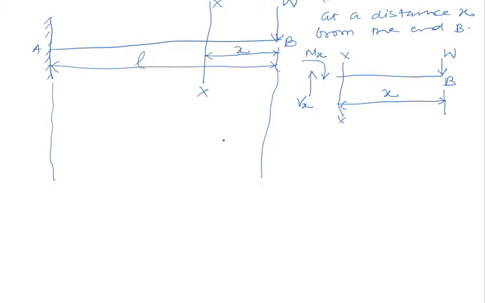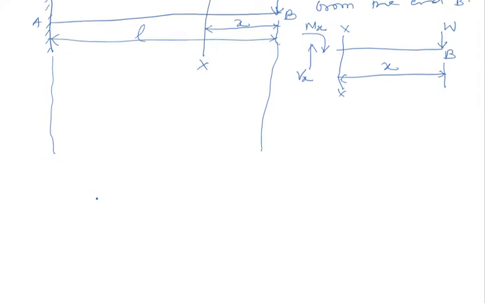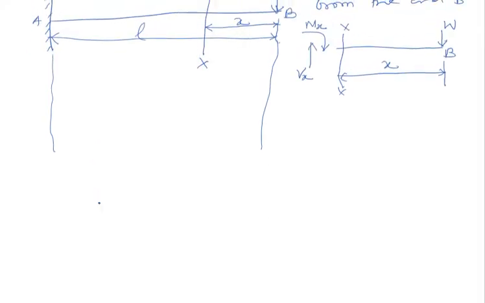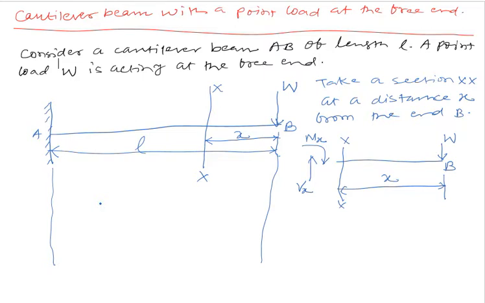Now we know from the sign convention that the shearing force having an upward direction to the right side of the section is taken as positive.